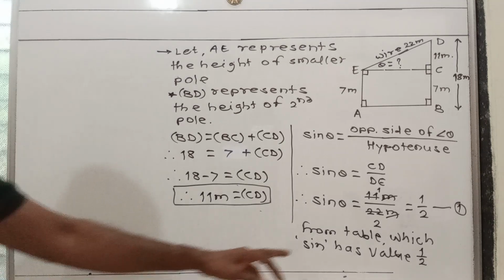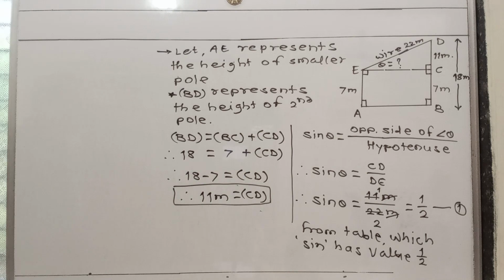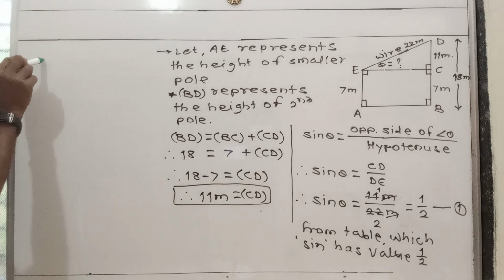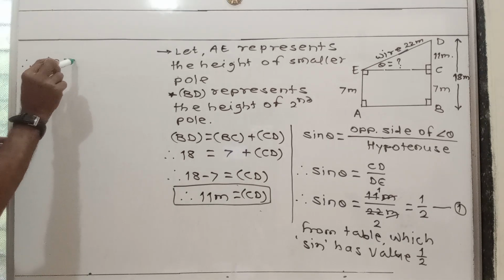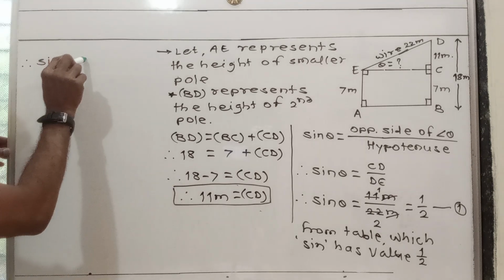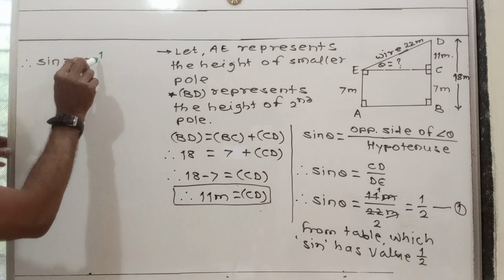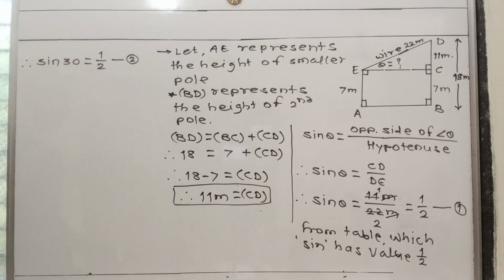Therefore, from the table we write sine 30. The value of sine 30 is 1 upon 2 from the table.